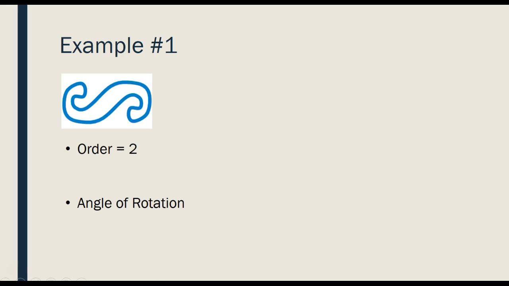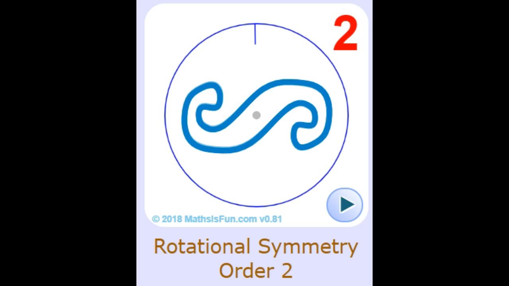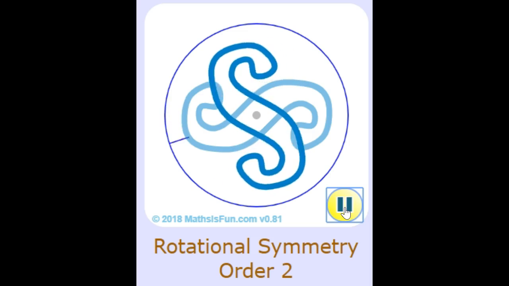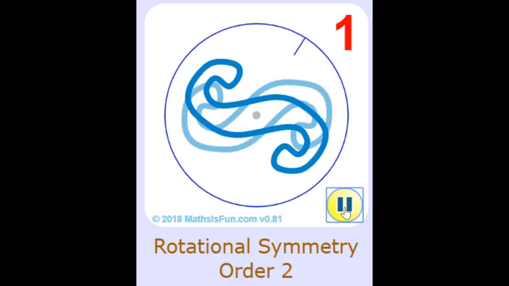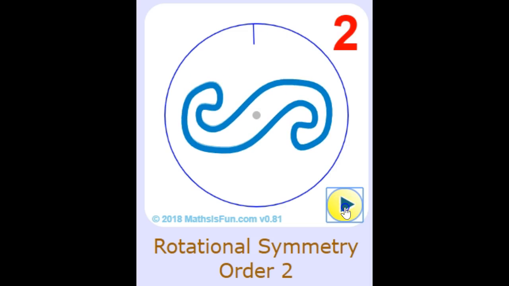Here we have our first example. It has order 2. Let's look why. So here we have our image. It definitely has rotational symmetry of order 2. And here we just have a mark just so that we have our orientation. So when I play this, we can see that it's rotating around not once, but twice.